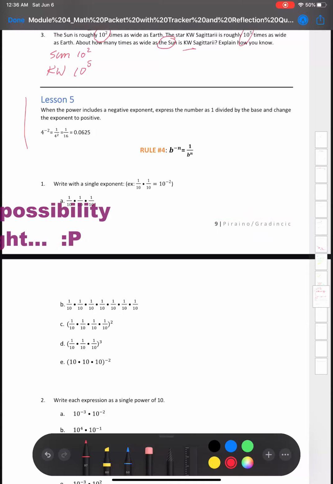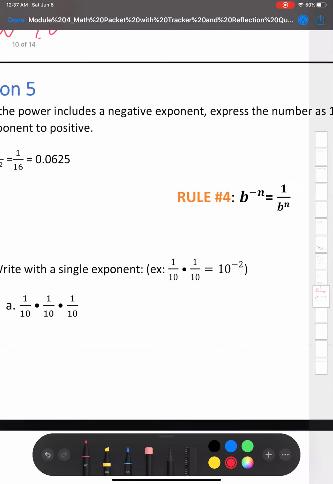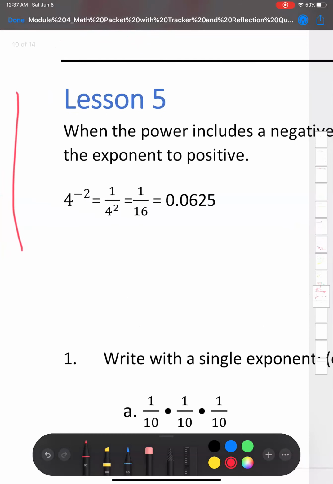All right, so let's look at this. When the power includes a negative exponent, express the number as 1 divided by the base and change the exponent to a positive number. So here is an example of that. If you have a base of 4 raised to a negative exponent, negative 2, you are going to flip.